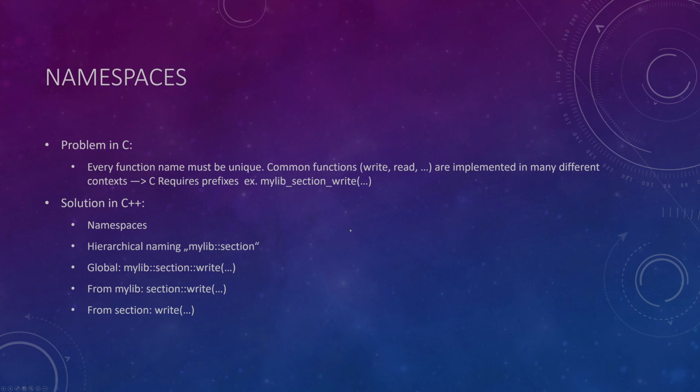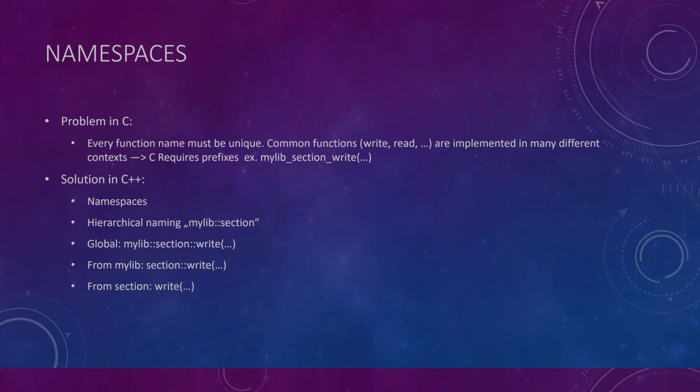So the idea is similar to file systems, that you can always use the proper function name and you can write short code. If you're inside the same namespace, you can just write the function write, and it's going to call the right one. If you're outside of that, you need to manually go in there. That's exactly how file systems work, and how the magic and usability of them works, and that's the same with namespaces in C++ as well.